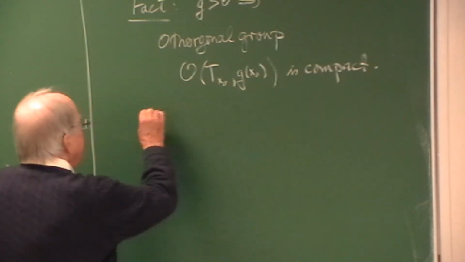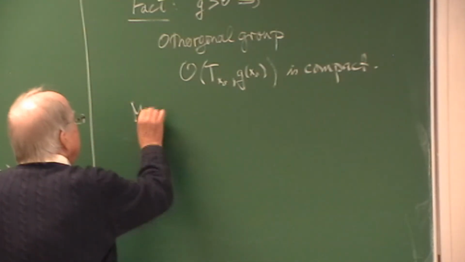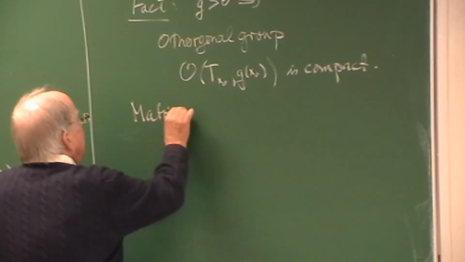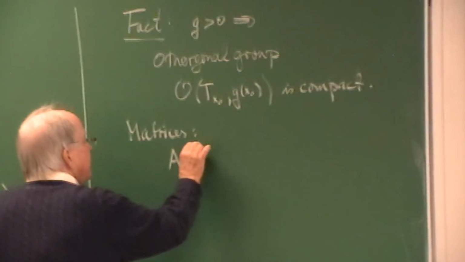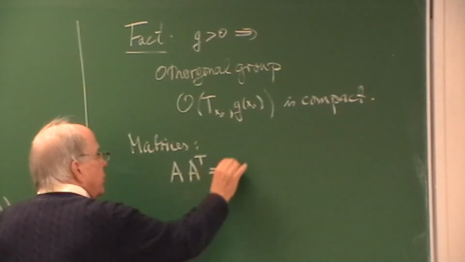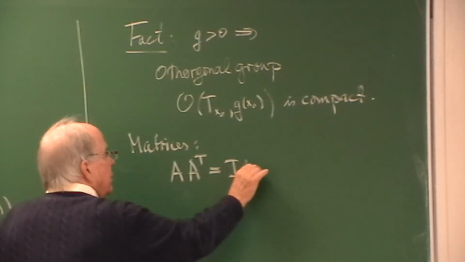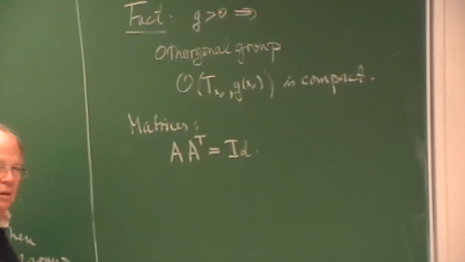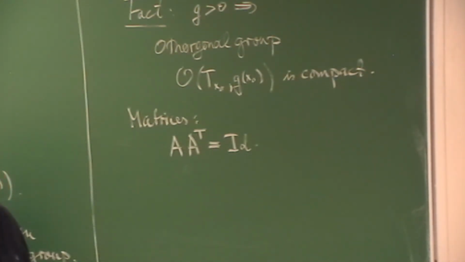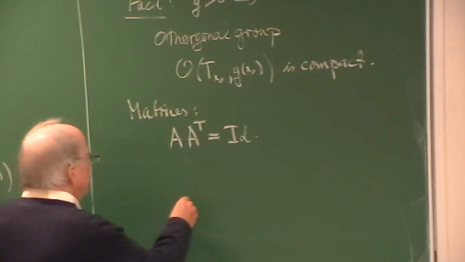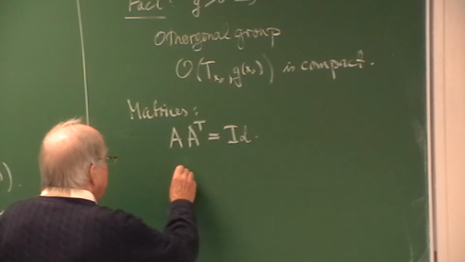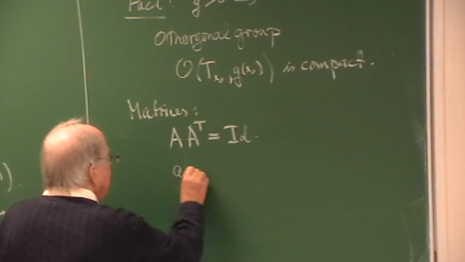This equation, remember, as matrices, is given by A times A transpose. Isn't that the equation for the orthogonal group? Let me just see what that is. That's A_ij times A_ji.